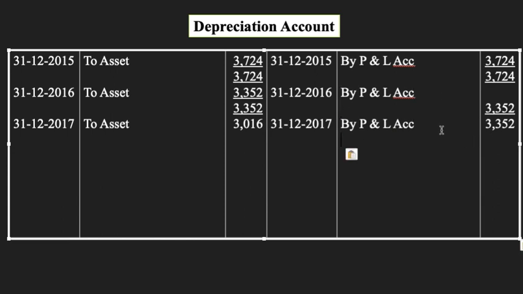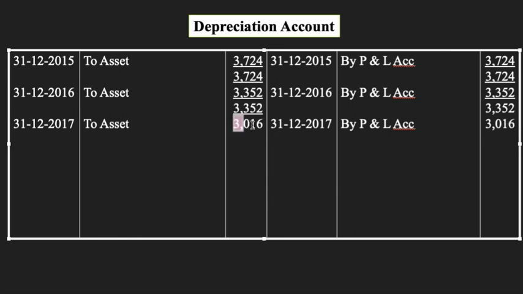And the value is 3016 rupees, right? And now we are going to close it.